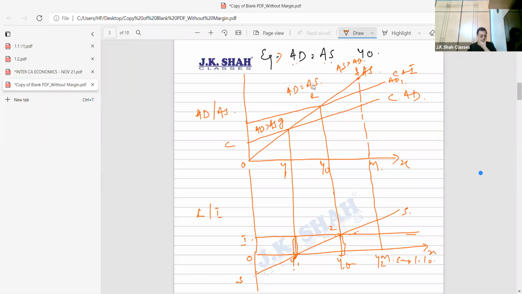Therefore, the aggregate expenditure exceeds aggregate output.